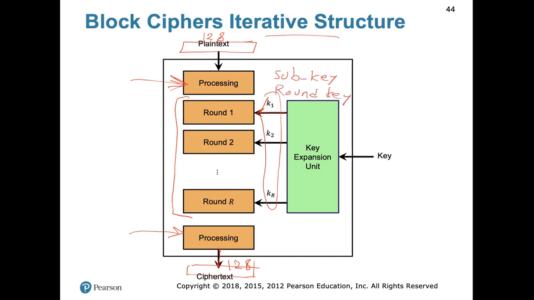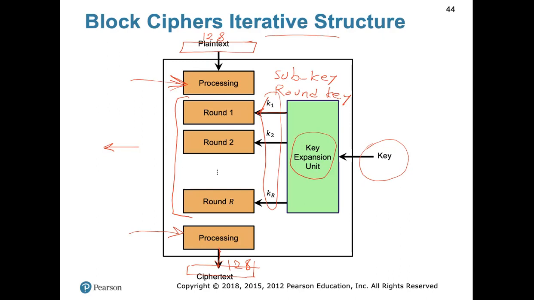Subkeys or round keys are extracted from the main key. When you want to encrypt your text, you apply just one key, not more. But that key is used in a module inside the encryption in order to extract the round keys, or subkeys.